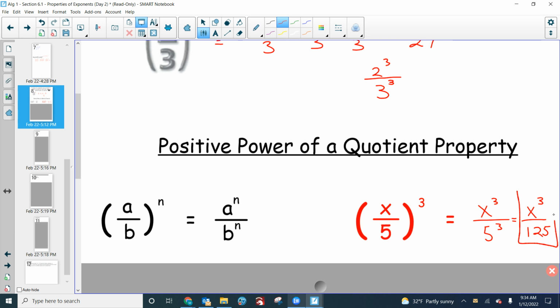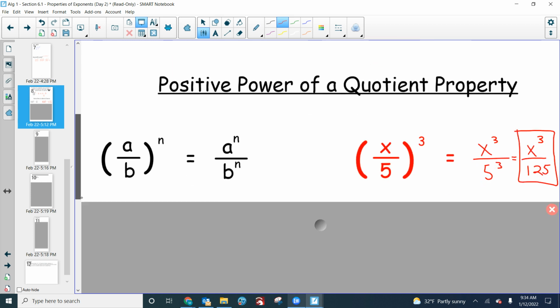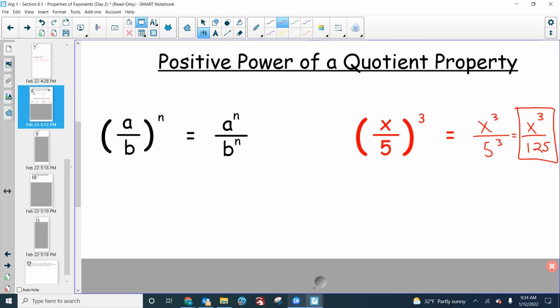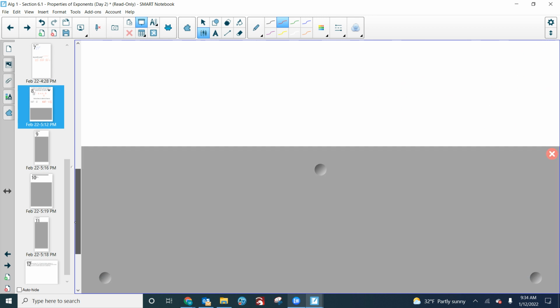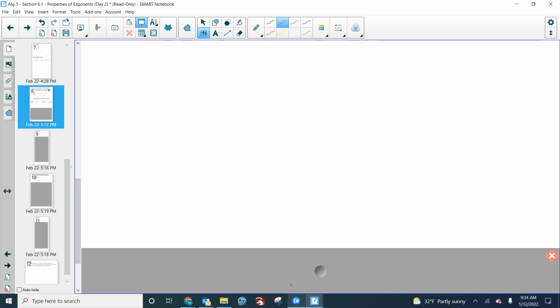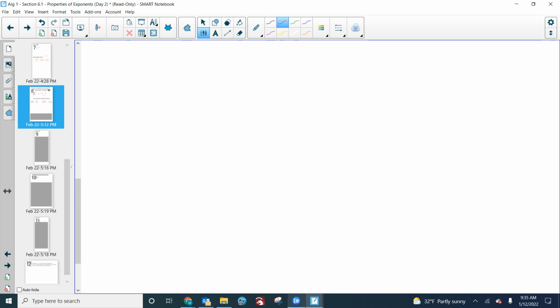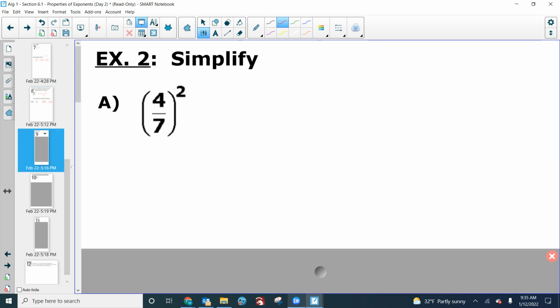That's our final answer for that one. So a fraction to an exponent is the numerator to that exponent over the denominator to that exponent. All right, try this one on your own.